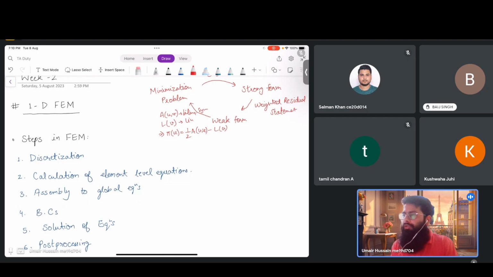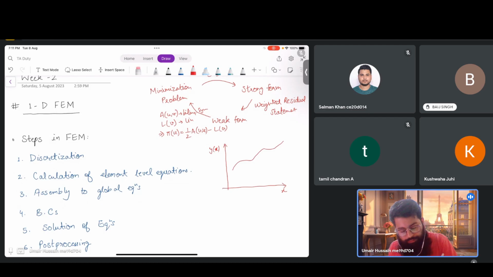As you all know, in FEM the solution is a discrete solution. So let's say we have a system with some solution y(x), having some random graph.